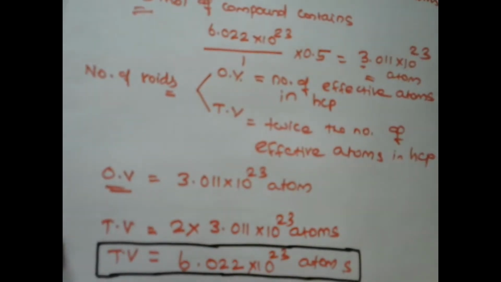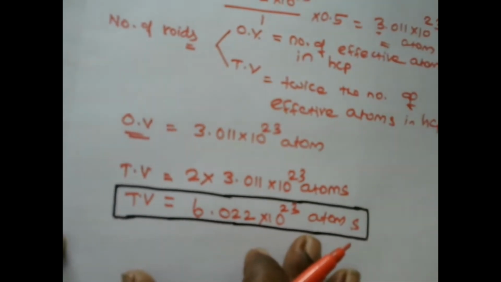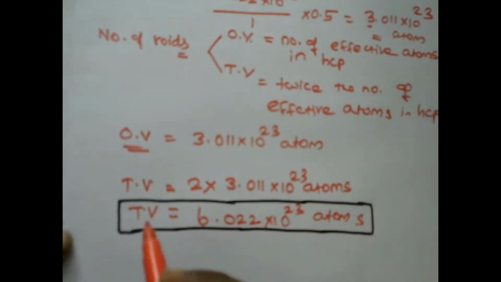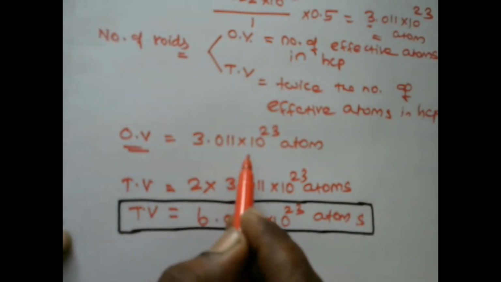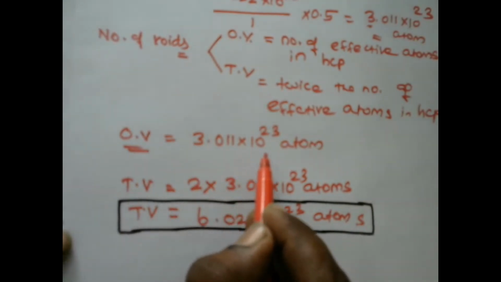So tetrahedral voids, it has been given already here. Octahedral voids, we found as 3.011 into 10 to the power of 23.